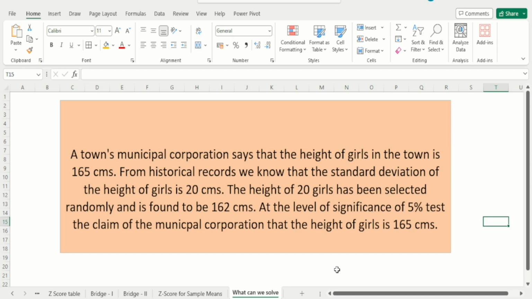We'll calculate the z-score, and then we'll check the z-score versus the critical points, which is your 1.64, if I recall correctly. And basis that, we'll be able to make our deductions, draw our inferences of whether we can reject the basic premise that the height of the girls is 165, or whether we will fail to reject the premise that the height of the girls is 165 centimeters.